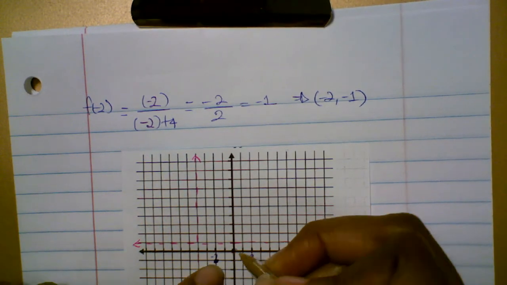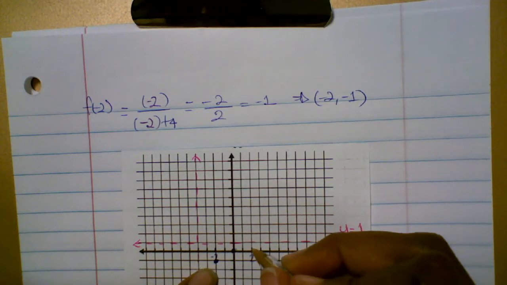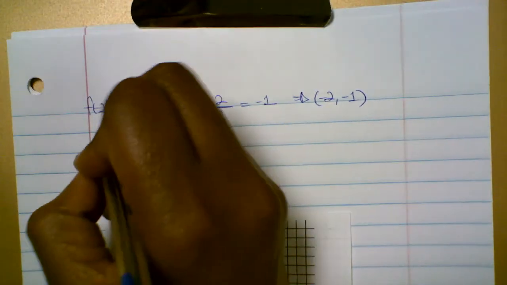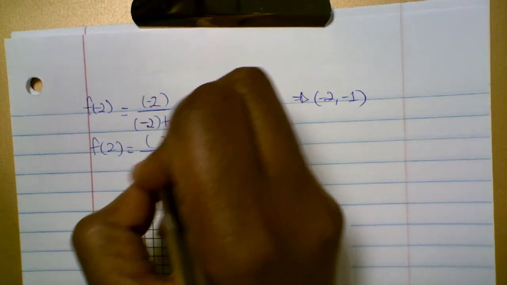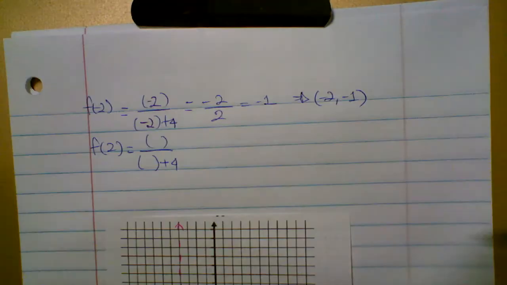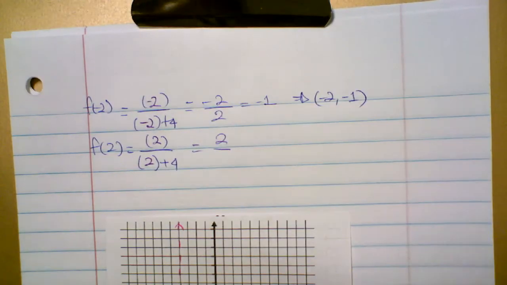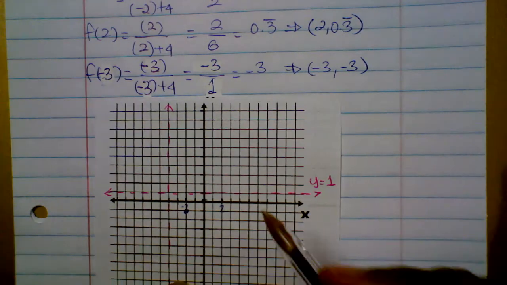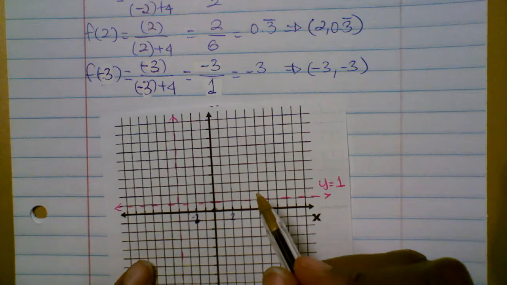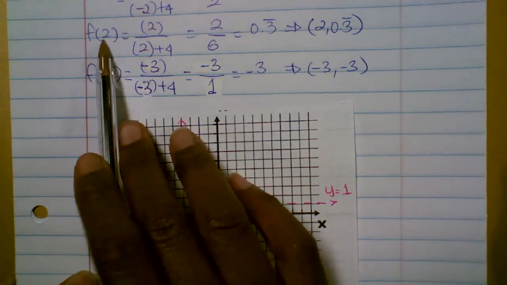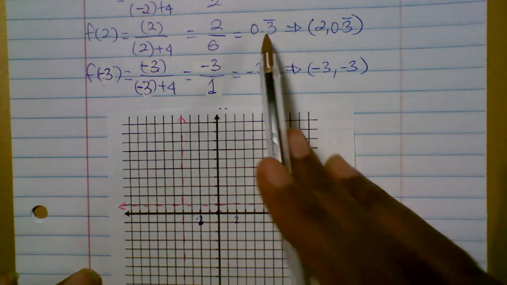Okay, so now let's do f of 2. When x is 2, the y value is 0.333 repeating.